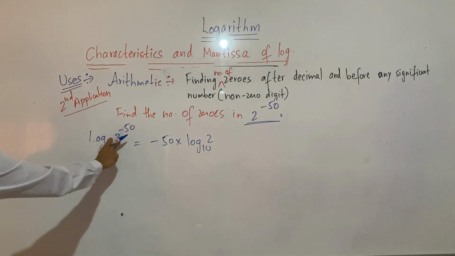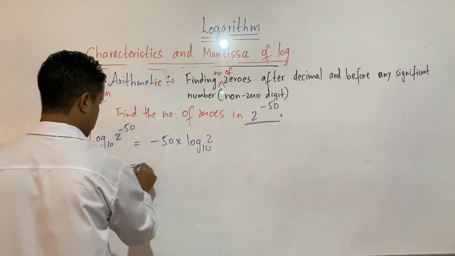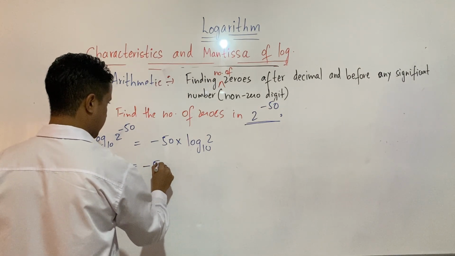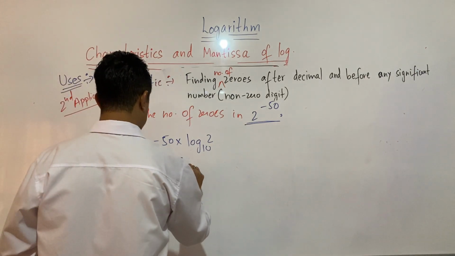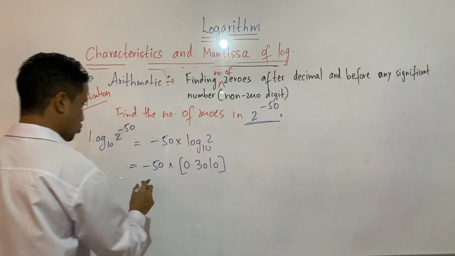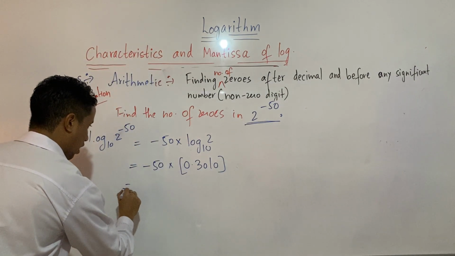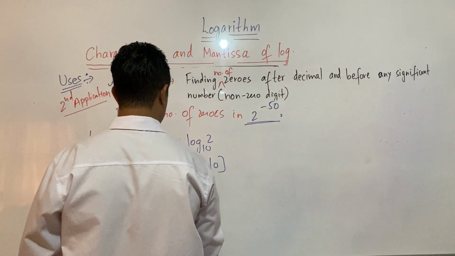Here, log of x raised to power n is n log x. So this is going to be minus 50, and log of 2 to the base 10 is 0.3010, right?